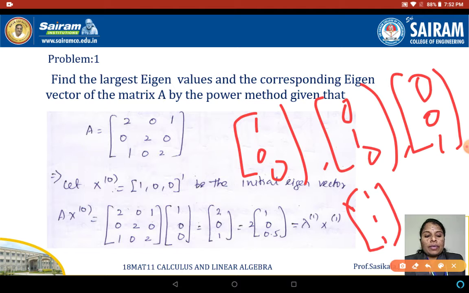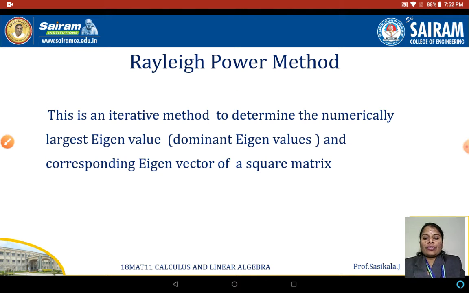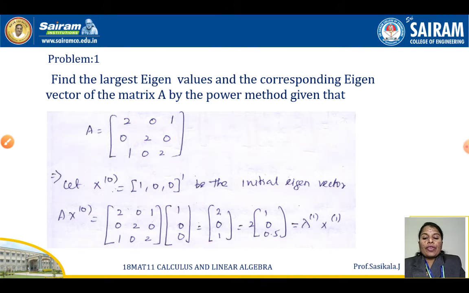It will be a square matrix only, and you can use any of these four as the initial eigenvector. The questions may or may not give the initial eigenvector. If they give it directly, you can take it as your initial vector x of 0. Otherwise you have to assume any of these four.